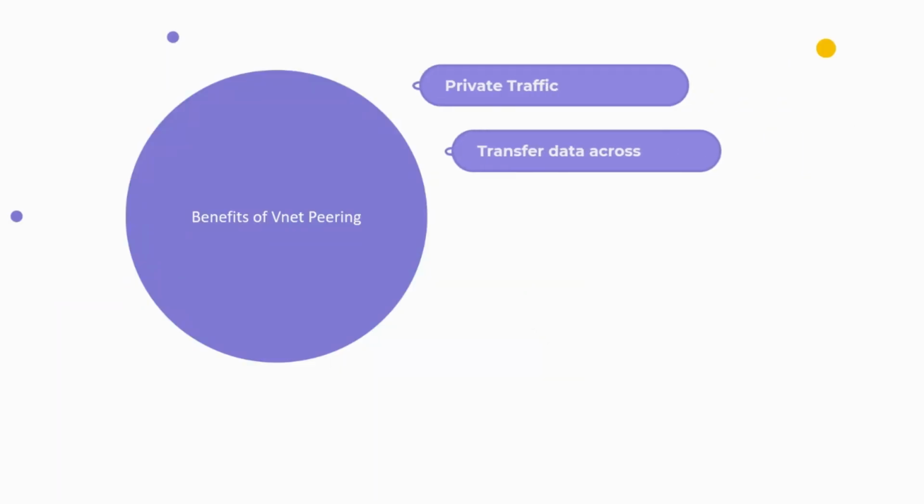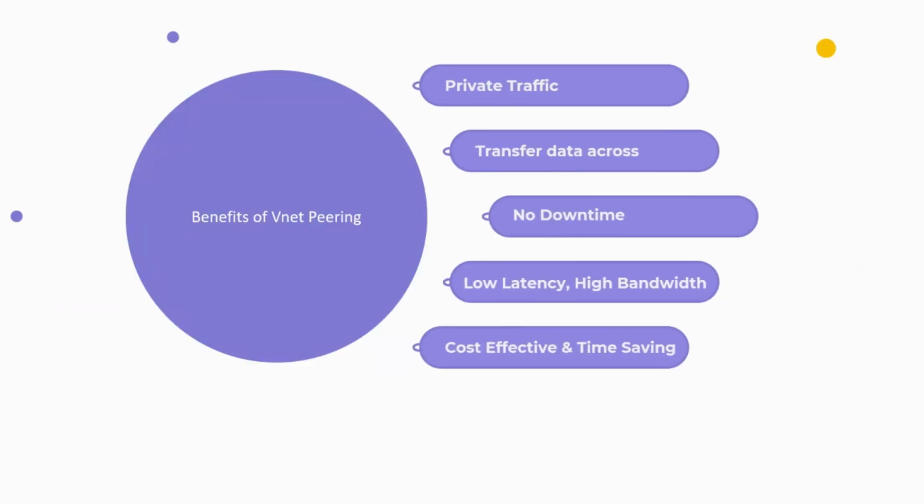Next thing, let's see what the major benefits of VNet peering are. The first one is that network traffic between peered virtual networks becomes private, and so it is more secure. Second one, virtual network peering in Azure allows transferring data across Azure deployment models, subscriptions, and also other regions.